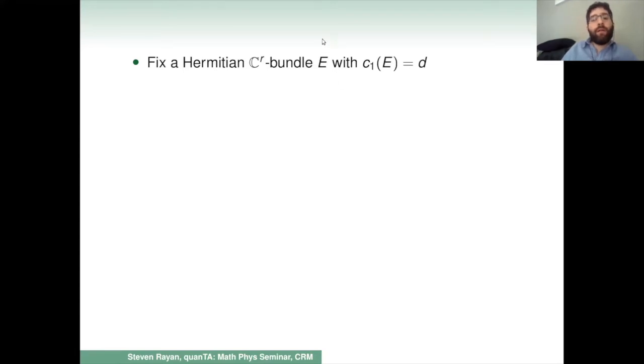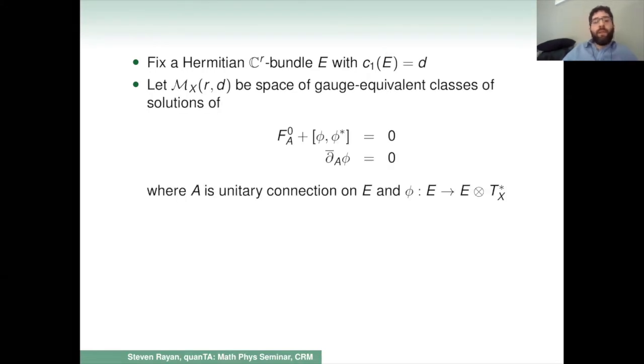Now, what I want to do is consider Higgs bundles in the following way. Rather than start with a holomorphic bundle, I want to start with a smooth rank R bundle, which is Hermitian. So it has a Hermitian metric on its fibers. And again, I'll fix the Chern class to be D. And then I want to consider the following equations.